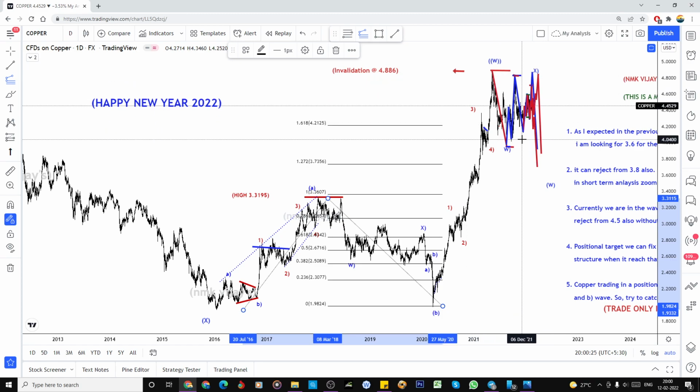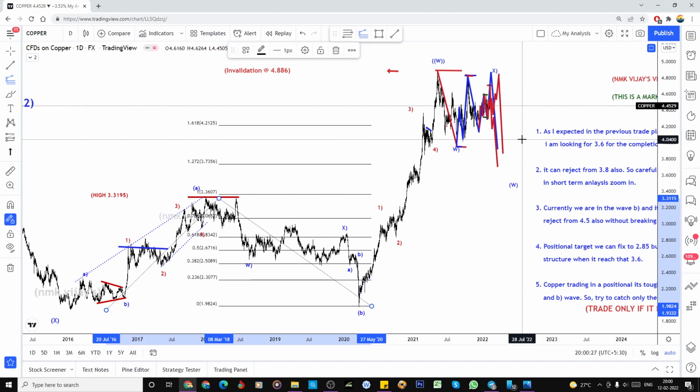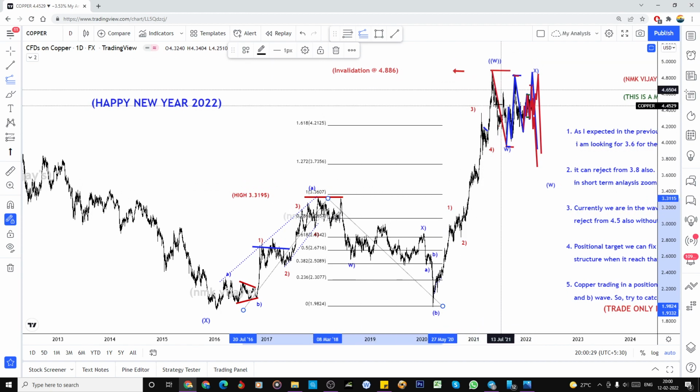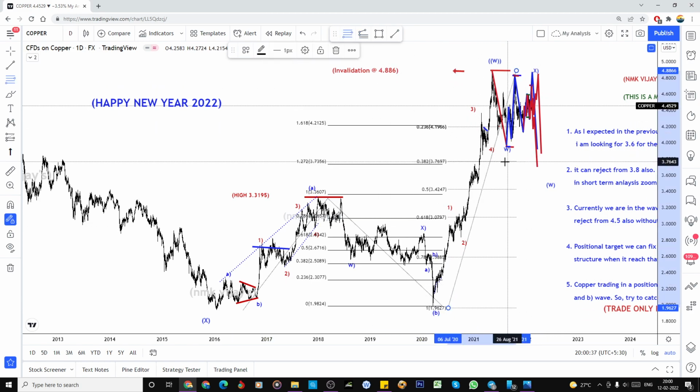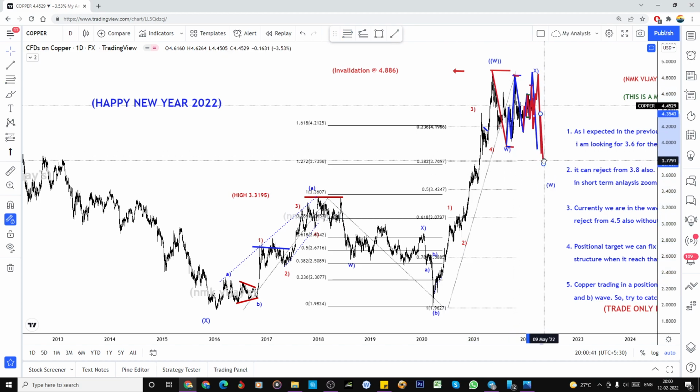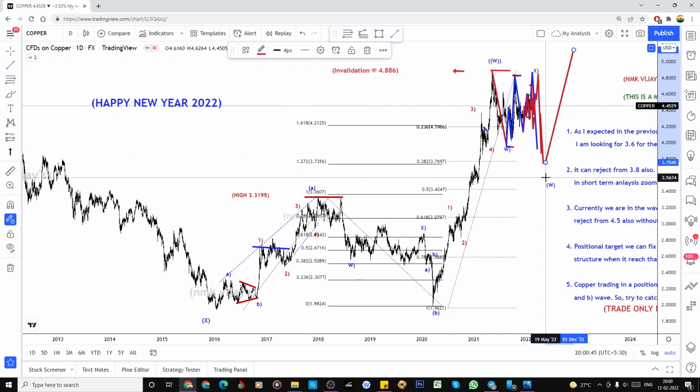It looks like gold, right? In the gold chart it seems like that, above 1618, and we have already reached this zone, nearly 38.2. So once it reaches the 38.2 zone, we can expect the bullish, or if this is a B, C and this is the W, again one more correcting wave can happen.